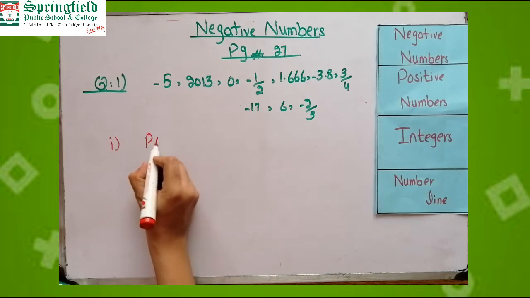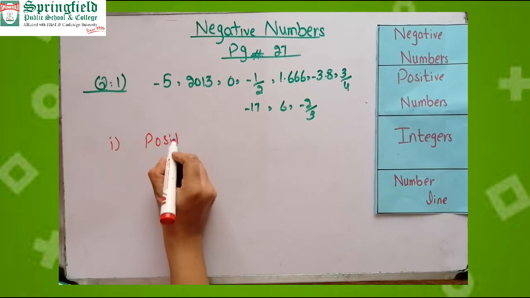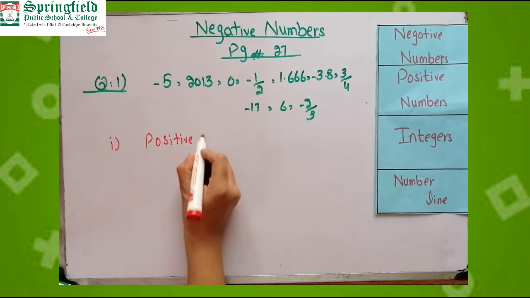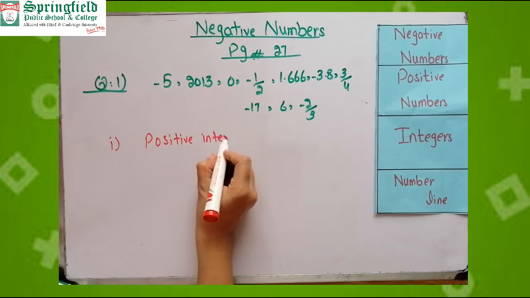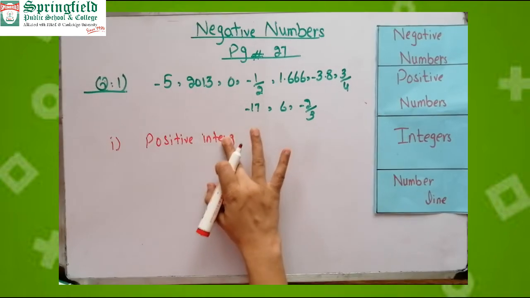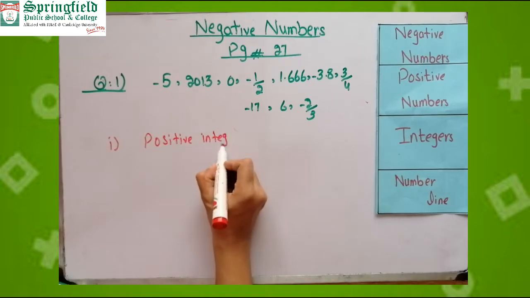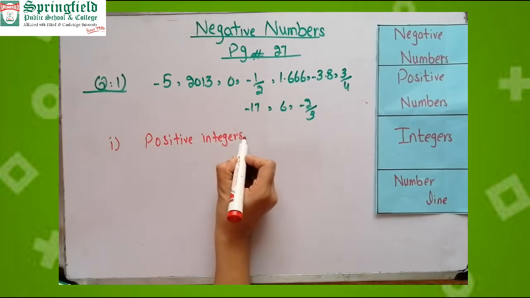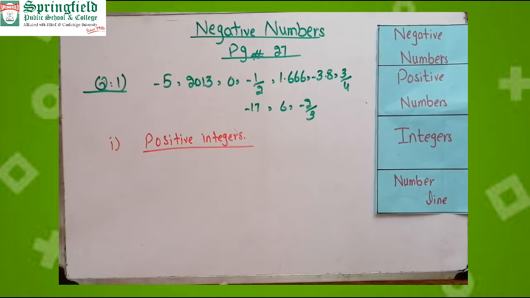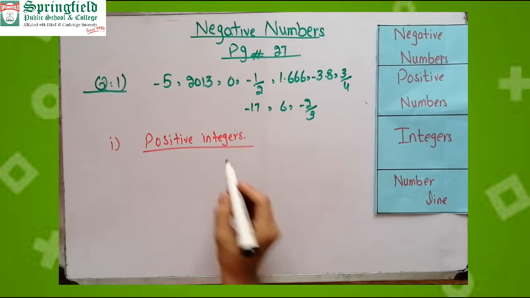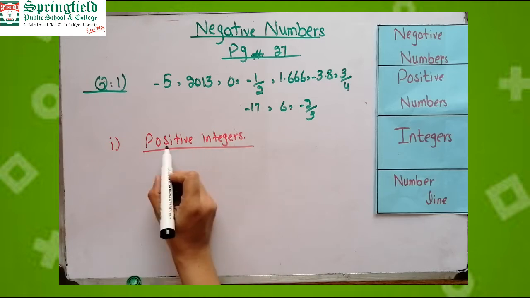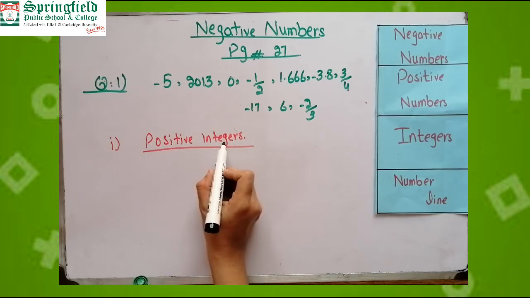So first, they are saying positive integers. So how can we find the positive integers? As we know, integers mean whole numbers. Positive means positive whole numbers.